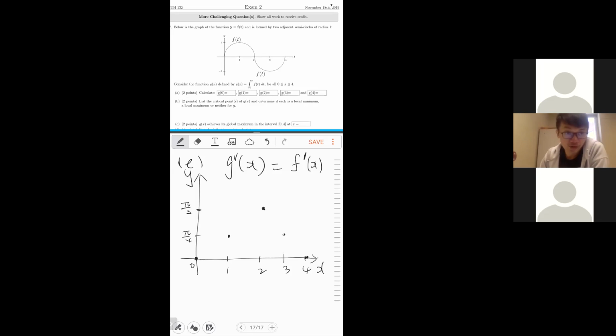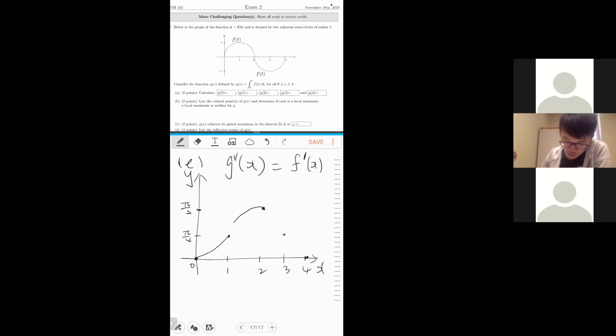Okay, f prime of x in terms of the graph is the slope. Between 0 and 1, is the slope positive or negative? So in the graph of f of x, between 0 and 1, the slope is positive. That means the function g of x is concave up because the second derivative is positive. I'll let you check.